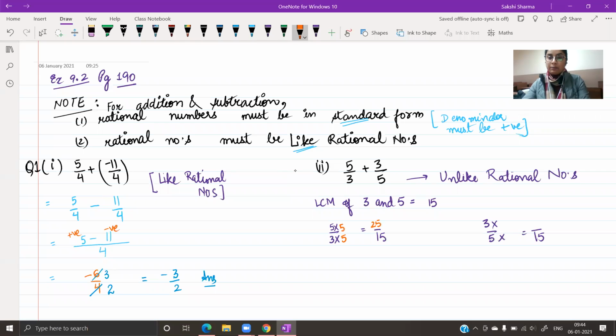You will get 25/15. This will be multiplied by 3. You will get 9/15. And then take your new fractions and perform the operation. Please be careful. The sign from the question will be used here. क्वेश्चन में जो रैशनल नंबर्स थे उनके बीच में जो भी साइन था वो यहाँ पे आप यूज करोगे एंड यू गेट द आंसर एज 34/15.